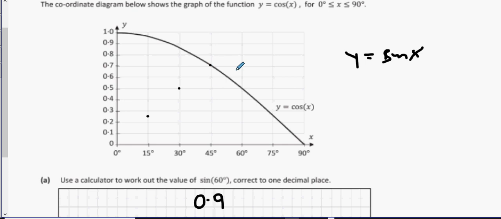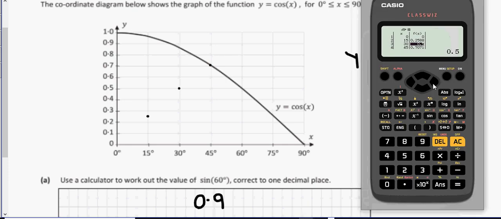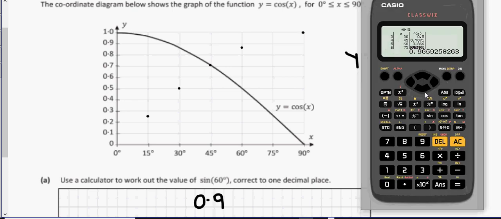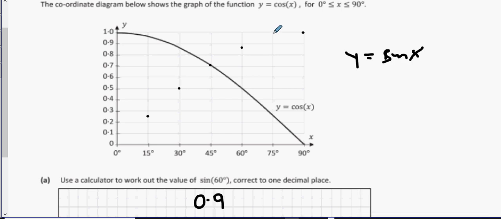That's the point at which they're both equal to each other. Then you have 60 and 0.87, about there. You have 90 and 1, and 75 and 0.96. So there's your graph.